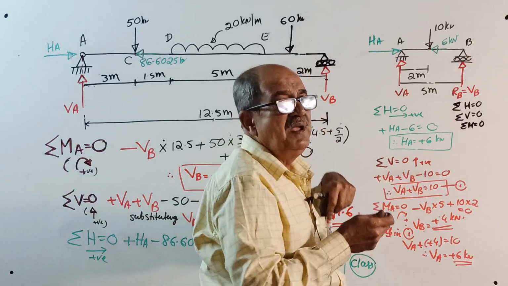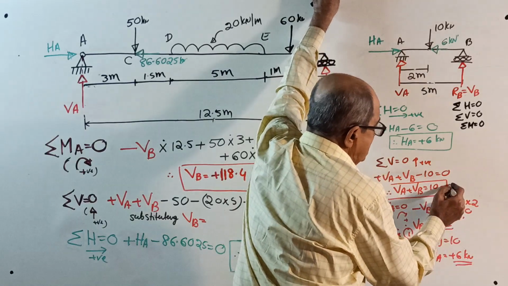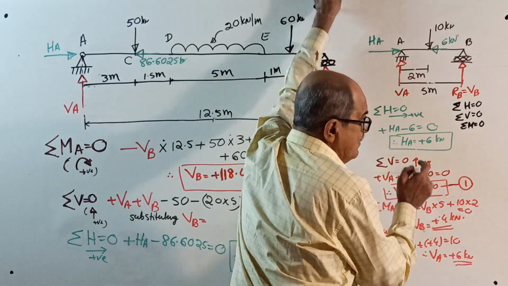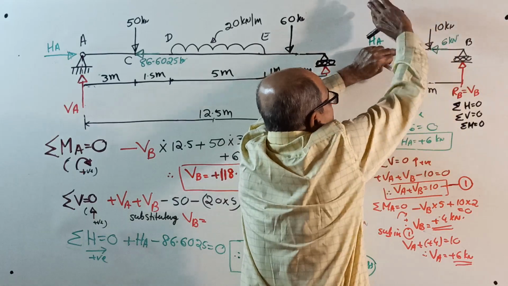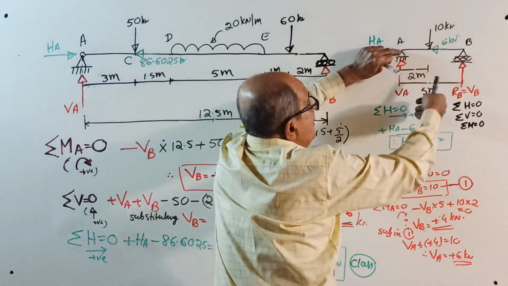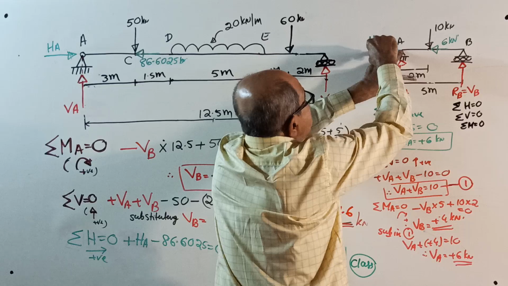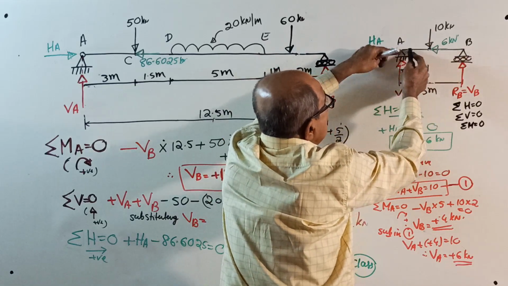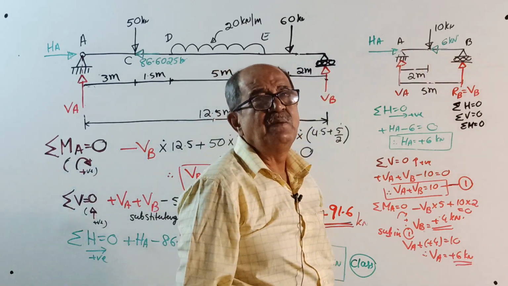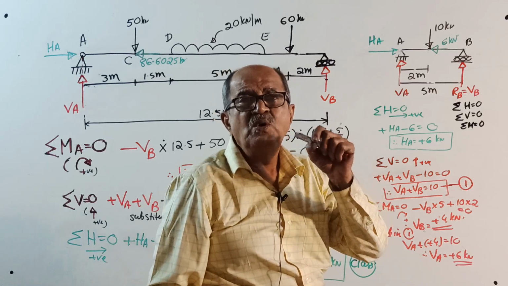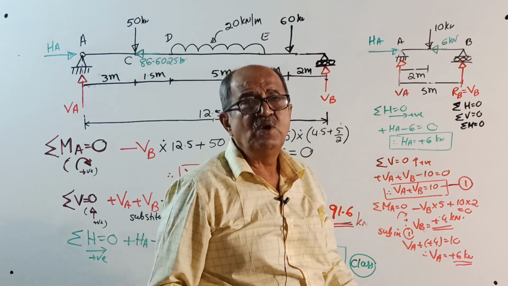Because when you make sigma V equal to 0, both VA and VB will come, so it will give an equation in terms of VA and VB. Now take moment about A. I will take clockwise positive. When you take moment about A, remember, VA into 0, HA also into 0, and 6 also into 0. All these three forces are passing through A. When you take moment about any point, any unknown horizontal or vertical reaction there will have 0 moment, but not a couple.